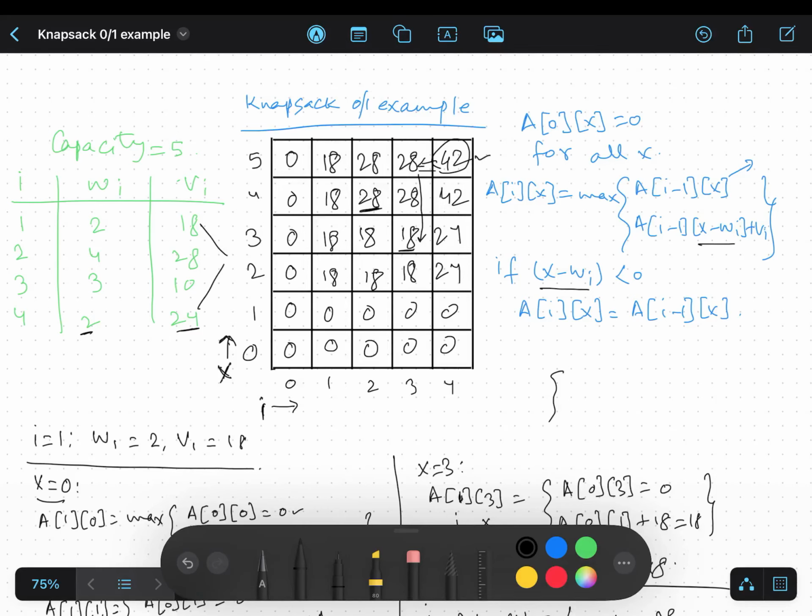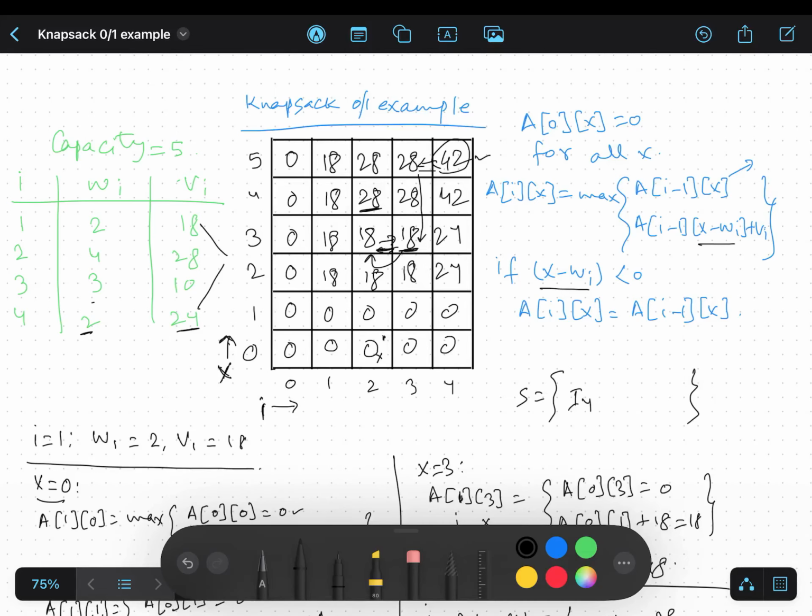So our set of solution will be item 4, and then from here the value is coming either from here or previous column subtracting the weight of item 3, which is 3. So 3 minus 3 is going to be 0. So the value is not coming from here, the value is actually coming from here.